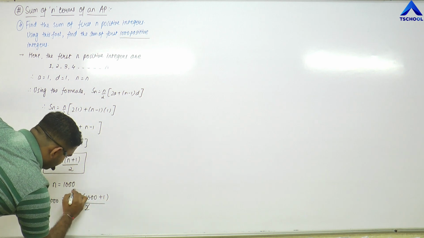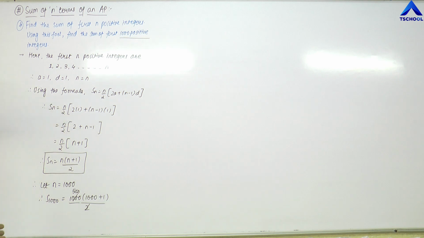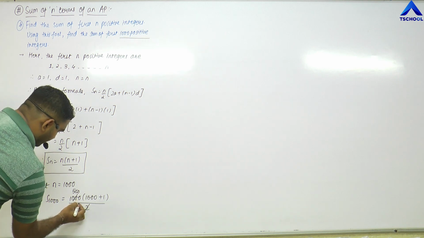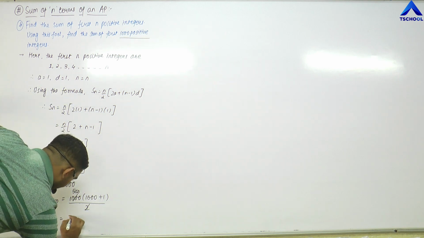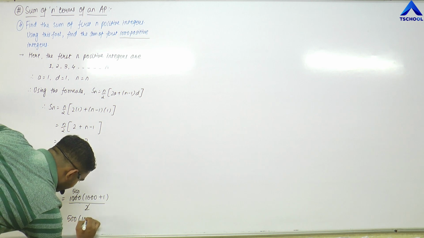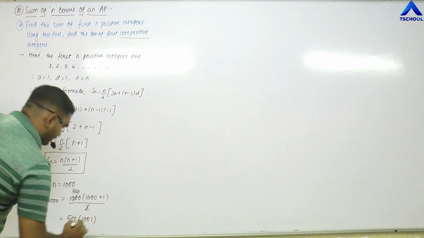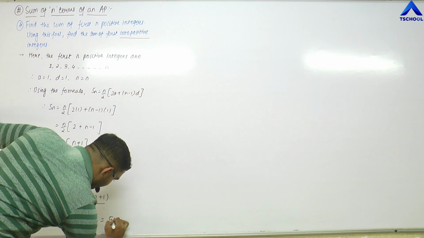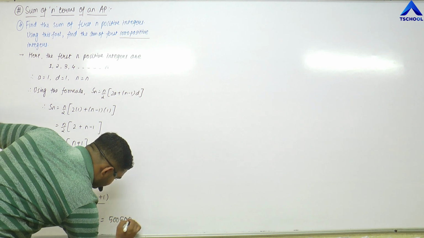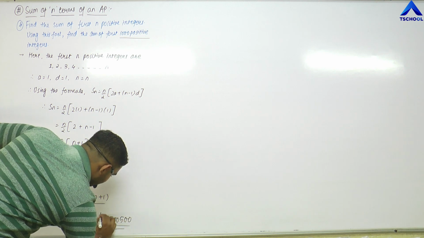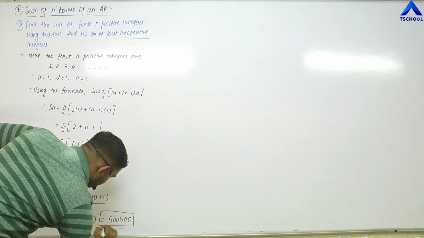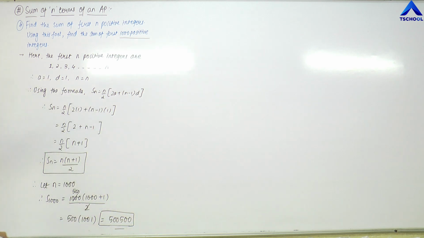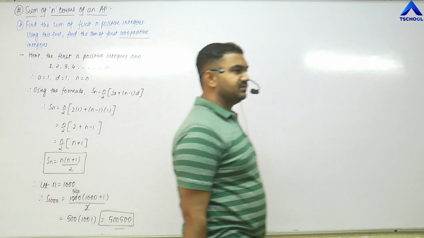You can cut this 1000 and 2 by 500, so that will give me 500 into 1001, which equals 500500, and this is the answer, right? So the sum of first 1000 positive integers is 500500.